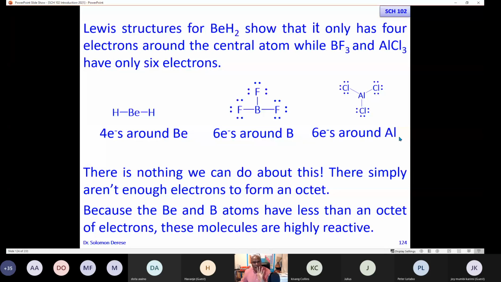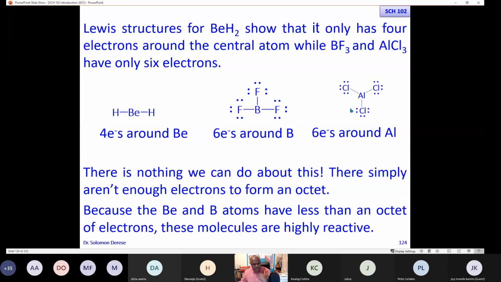Even if we want to give them an octet of electrons, we do not have enough electrons to achieve that. Since the central atom in these compounds does not have an octet of electrons, and as a result is not stable, they undergo chemical reactions.